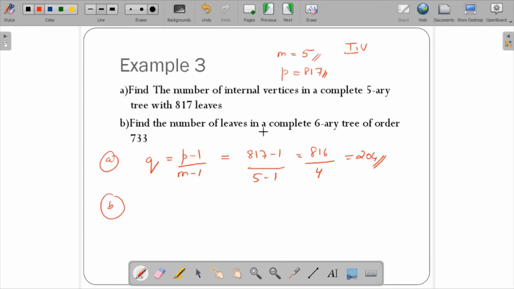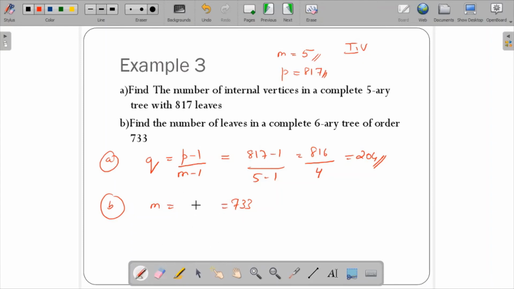Part B. Find the number of leaves in a complete 6-ary tree with order 733. Order means total vertices, so we take it as n.